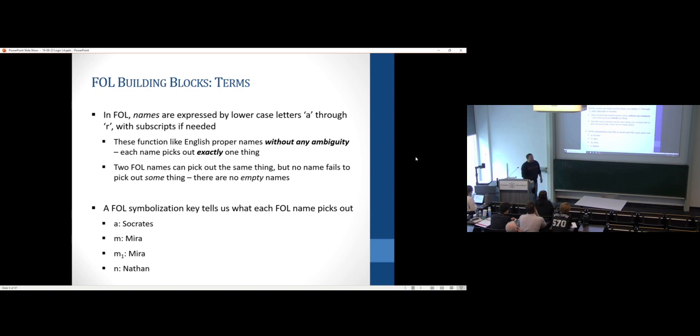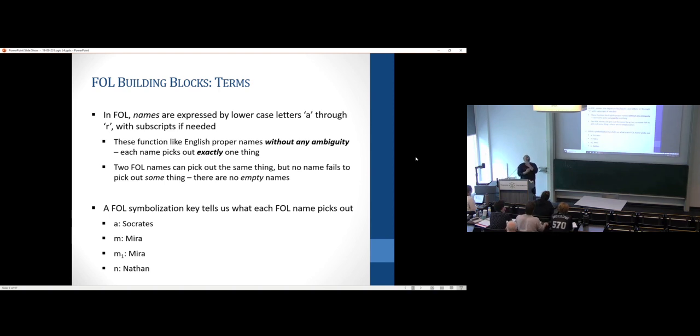Similarly, we never have empty names. That is, if you have a name, it's guaranteed to refer to something. Now, this is in contrast with English. English seems to have lots of empty names. I don't want to spoil anything and ruin people's childhoods, but Santa Claus is an empty name.